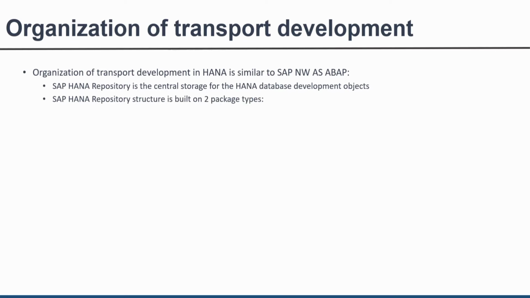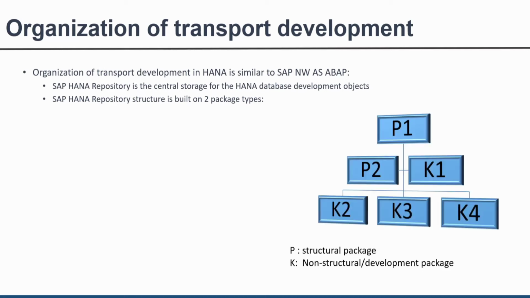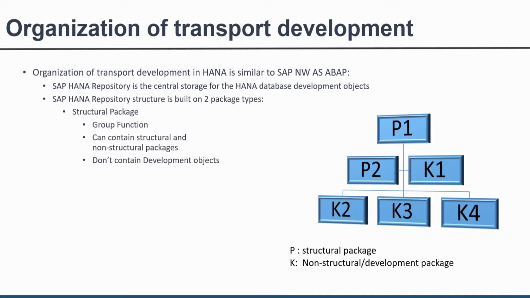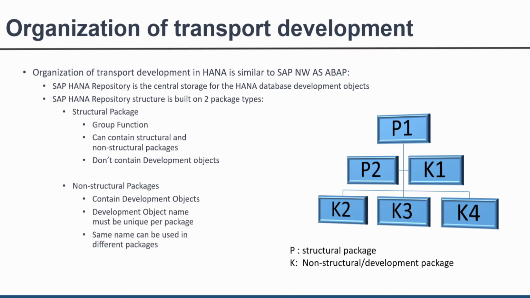The HANA repository structure is built using two types of packages. You can see in the figure over here, there are two types of packages. The first type of package is a structural package, which is a group of functions. Basically, it doesn't contain any development object.